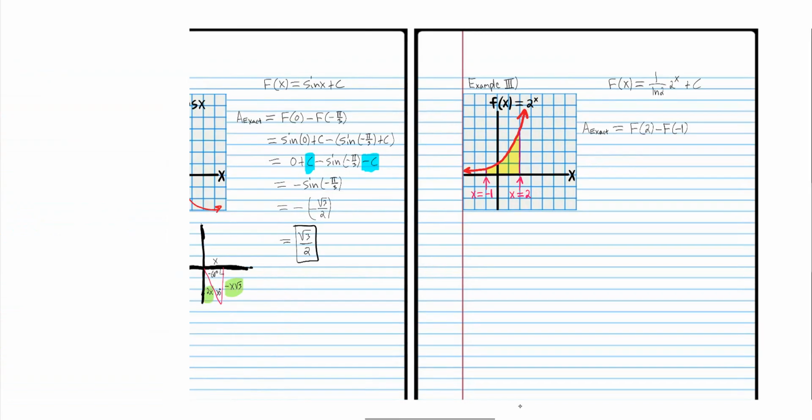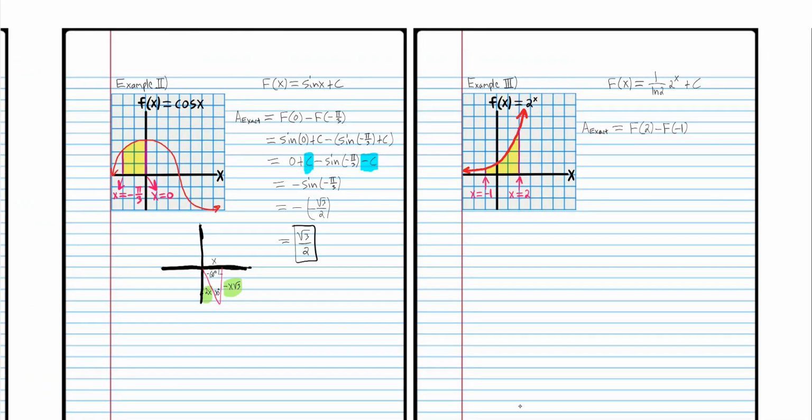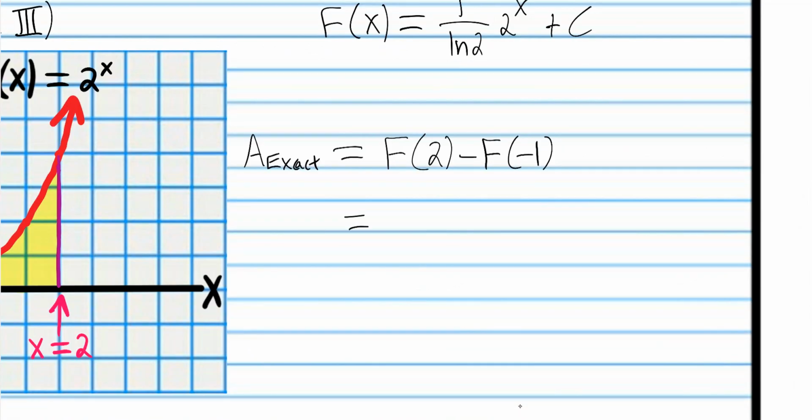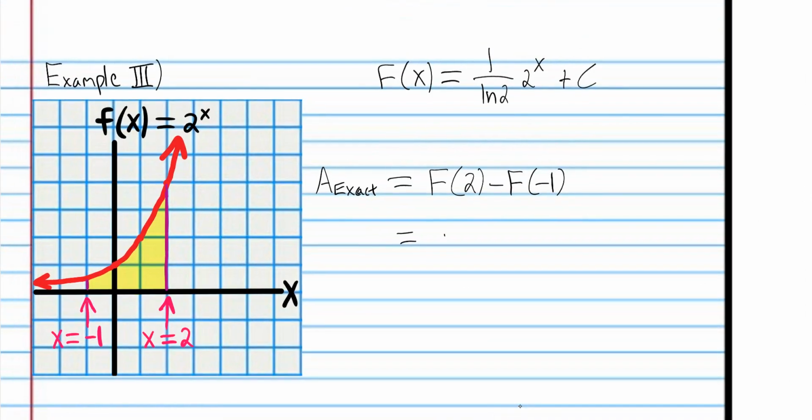Okay, so the antiderivative function is 1 over natural log 2 times 2 to the 2 power minus 1 over natural log 2 times 2 to the -1 power. And whoops, I forgot to write my c's.